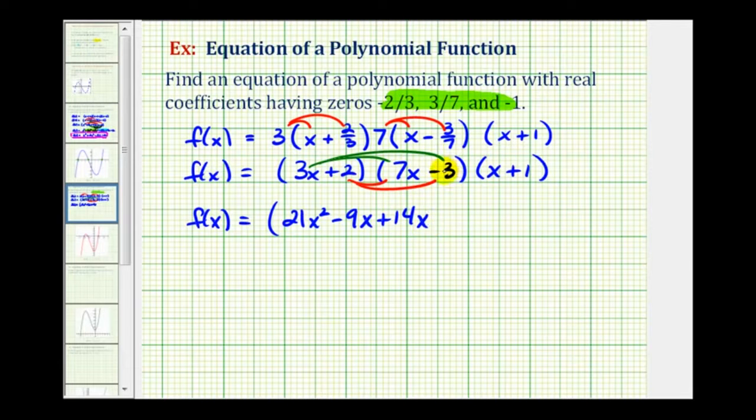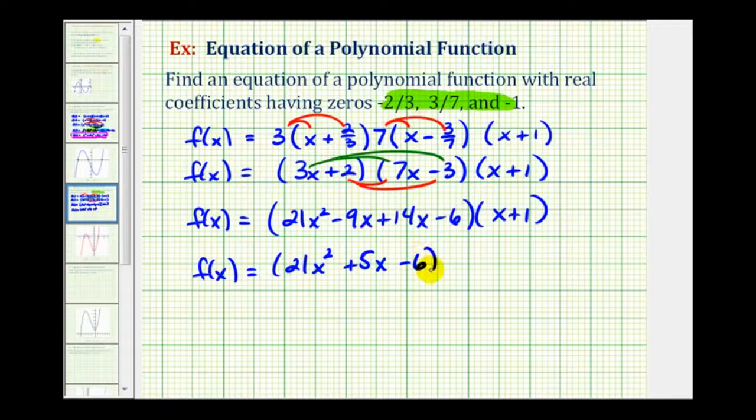And then we have 2 times negative 3, or minus 6, times the quantity x plus 1. Let's simplify this. We have two like terms. f of x equals 21x squared. Negative 9x plus 14x is plus 5x. Minus 6 times the quantity x plus 1.